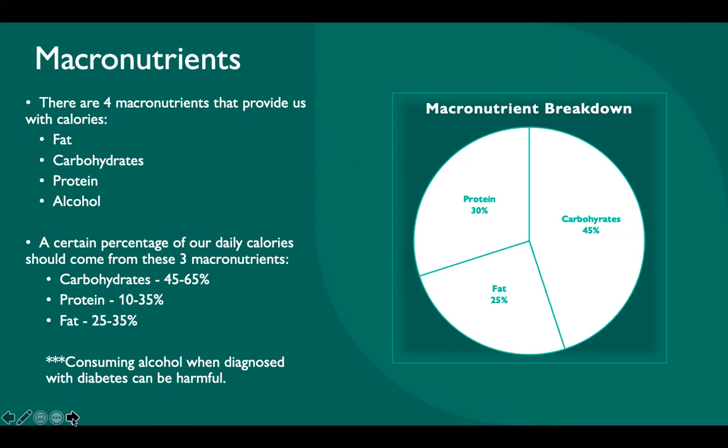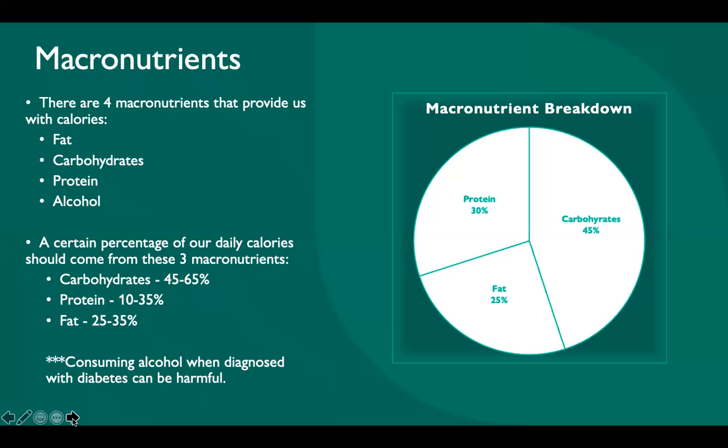The pie chart on the side gives an estimate of what 100% of your calories should look like. 45 to 65% should come from carbohydrates, 10 to 35% from protein, and 25 to 35% from fat. To give you an example, say somebody was following a 2,000 calorie diet.